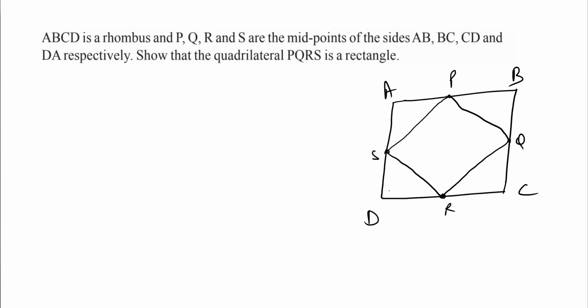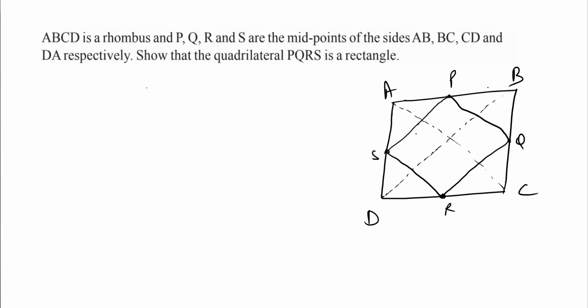So again, you have to draw like this. You will find that in triangle ADB, since S and P are the midpoints, this side will be parallel to this side and equal to half of this side.